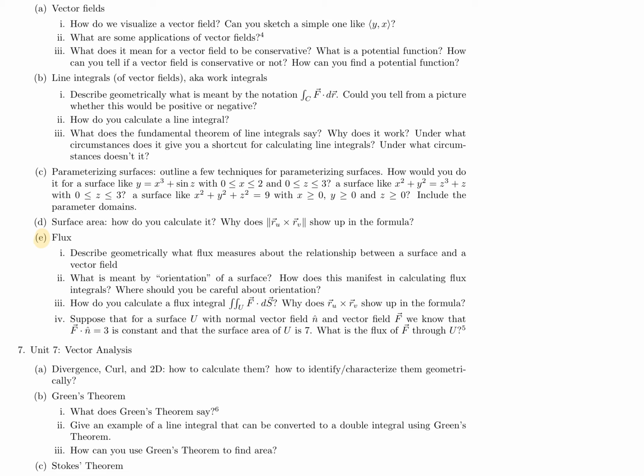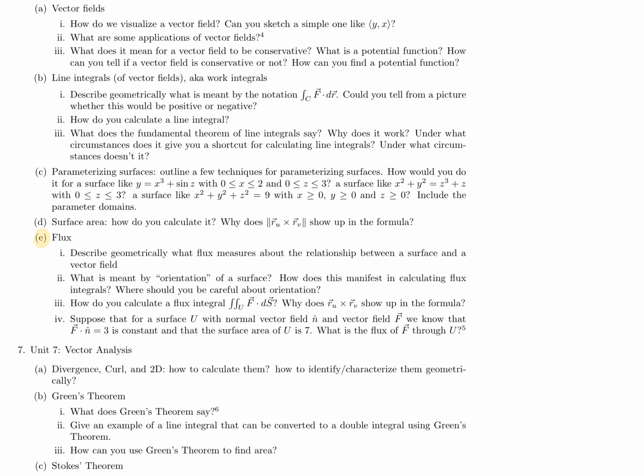The next point is about flux. We do want you to be able to describe geometrically what's going on, but let me take a second to talk about orientation. When we say orientation, we're describing which direction of flow through the vector field should count as positive, and then the opposite direction counts as backflow, as negative.